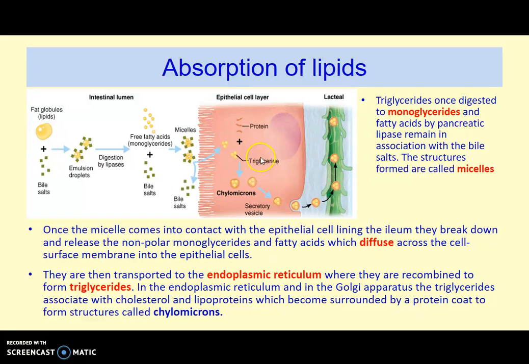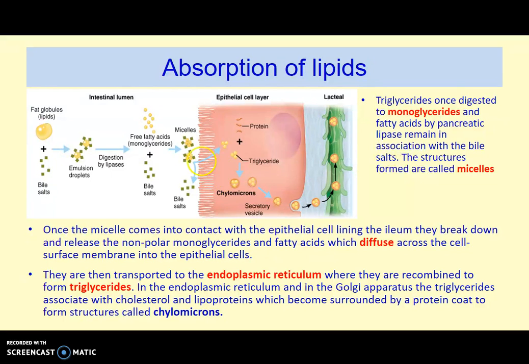They're transported to the ER, where they're recombined into triglycerides. So you can see here that they're formed into triglycerides in the endoplasmic reticulum, and then in the Golgi apparatus, those triglycerides will associate with cholesterol and other lipoproteins, and become surrounded by a protein coat.